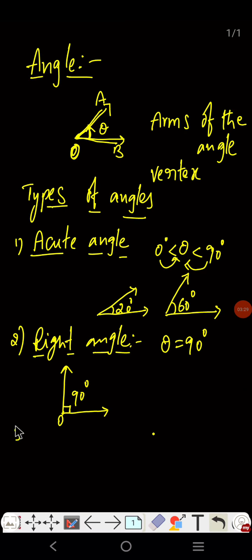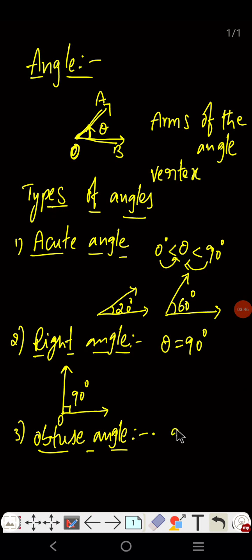After the right angle, the next one is the obtuse angle. An obtuse angle means an angle that is more than 90 degrees and less than 180 degrees.